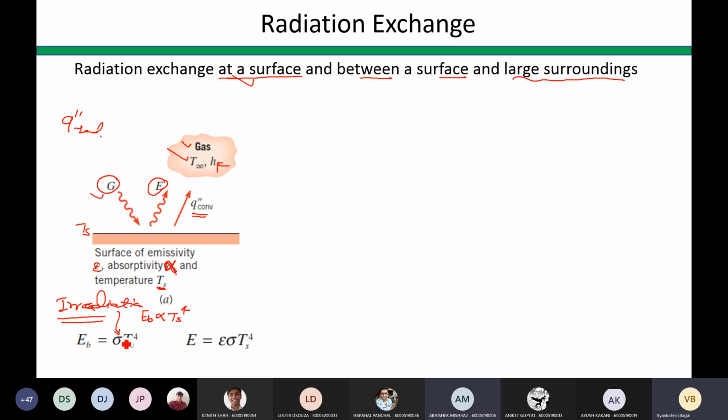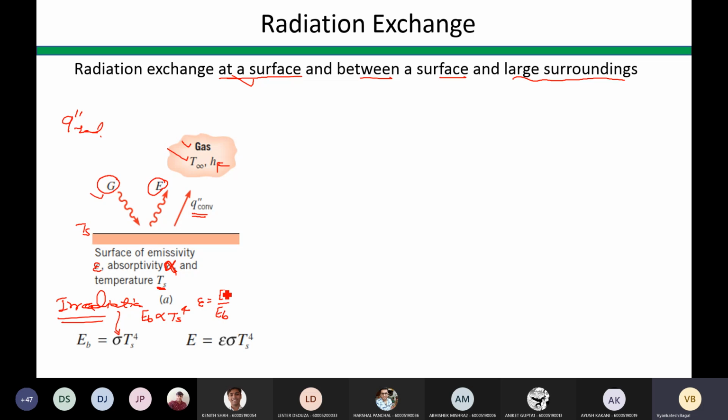Anyway, write down these two formulas. E_b is equal to sigma Ts raised to 4, and for a non-black body, this emissive power E will be equal to epsilon sigma Ts raised to 4. So the emissivity is nothing but this ratio, E upon E_b.